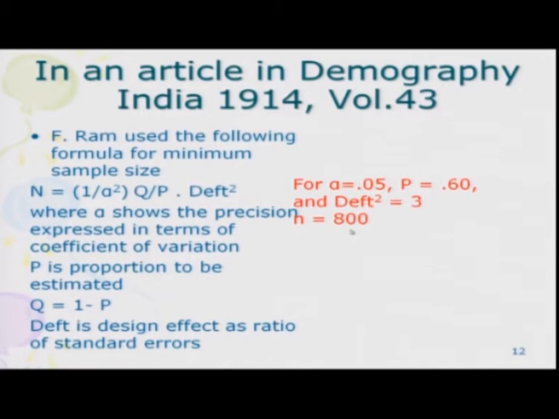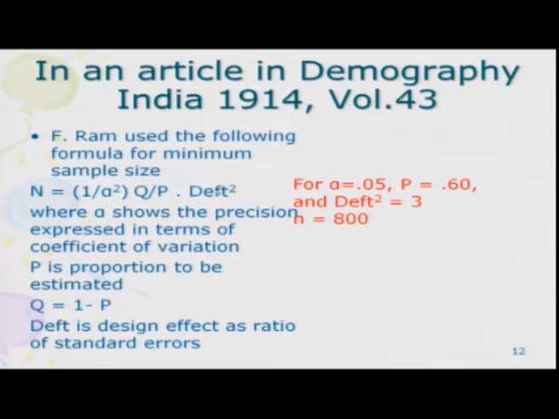So, if you are trying to make a study of some proportion which is close to 60% and deft square is 3, then for alpha equal to 0.05 you need a sample of size 800.